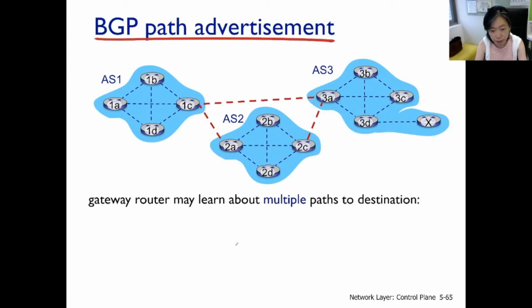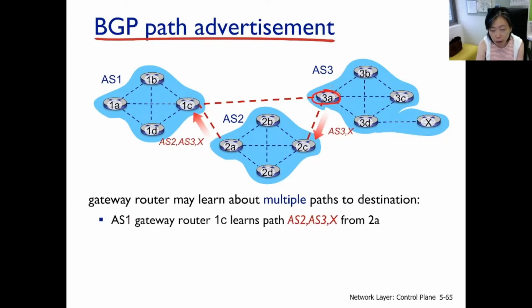Right? Second example is a bit more realistic. So 3A here, the gateway router of AS3, might have multiple eBGP connections to outside. So in that case, a gateway router might learn multiple paths to a destination in AS3. So let's see. One of the paths is this.